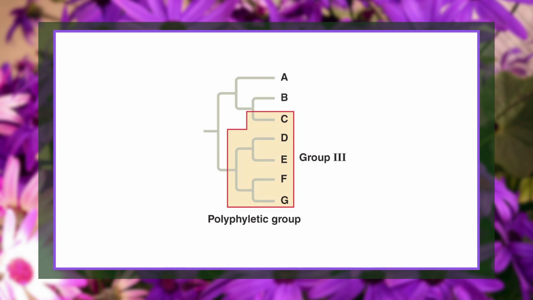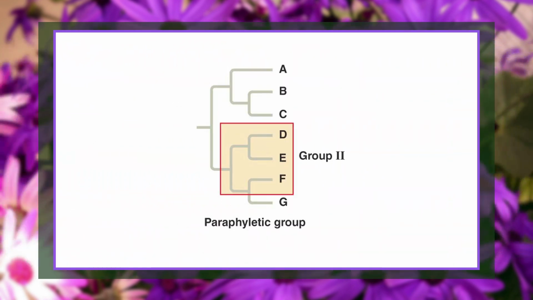A paraphyletic group is separated by one cut below the group and one or more cuts higher up, that is, it represents one piece of a branch. A polyphyletic group, on the other hand, is separated by more than one cut below the group, that is, it represents more than one piece of a branch.